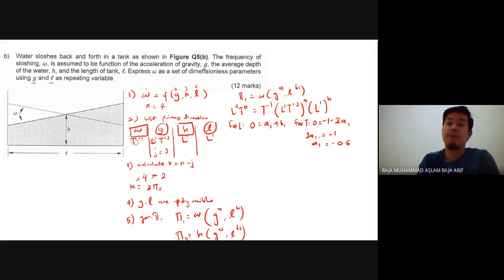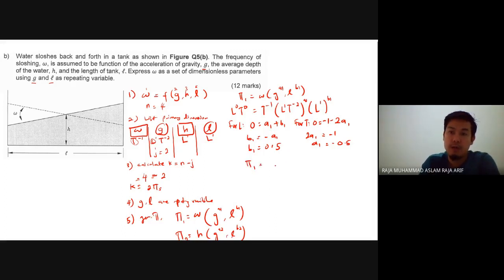That is, 1 divided by 2. Now we find b1. So b1 will equal minus a1, so b1 equals minus times minus 0.5. Okay, so we now have the values of the exponents.